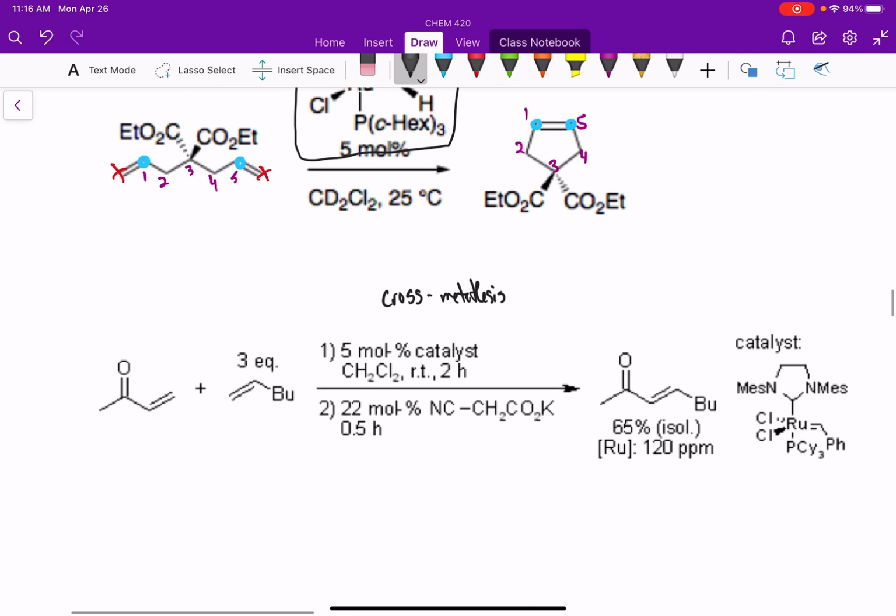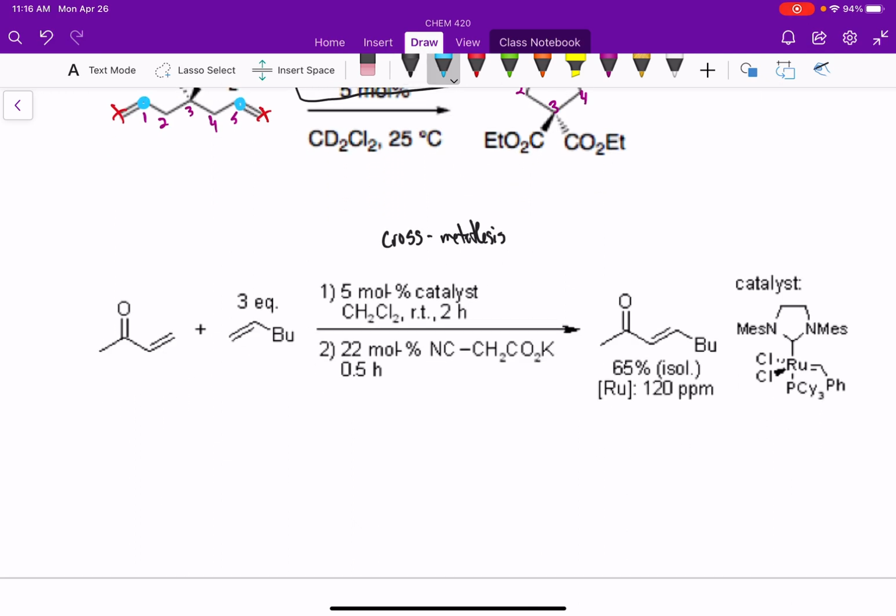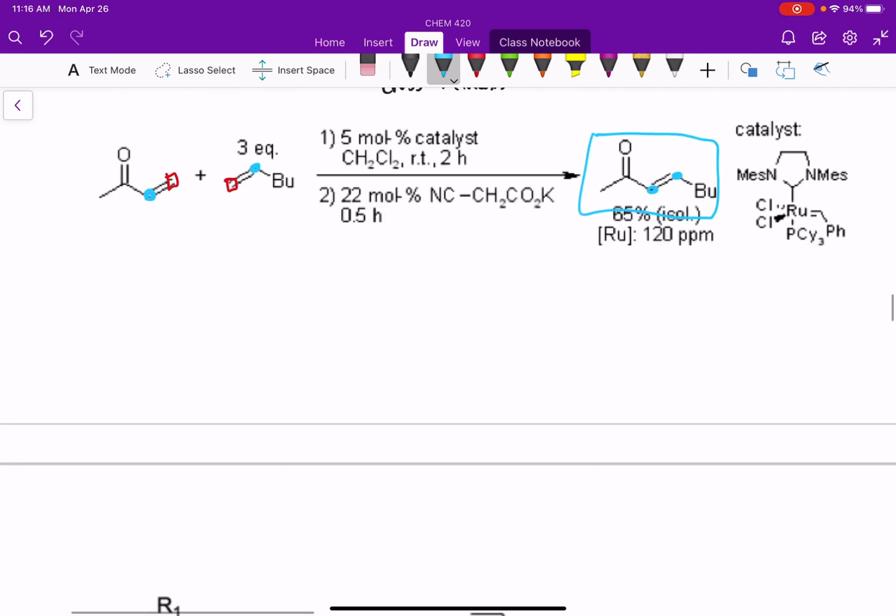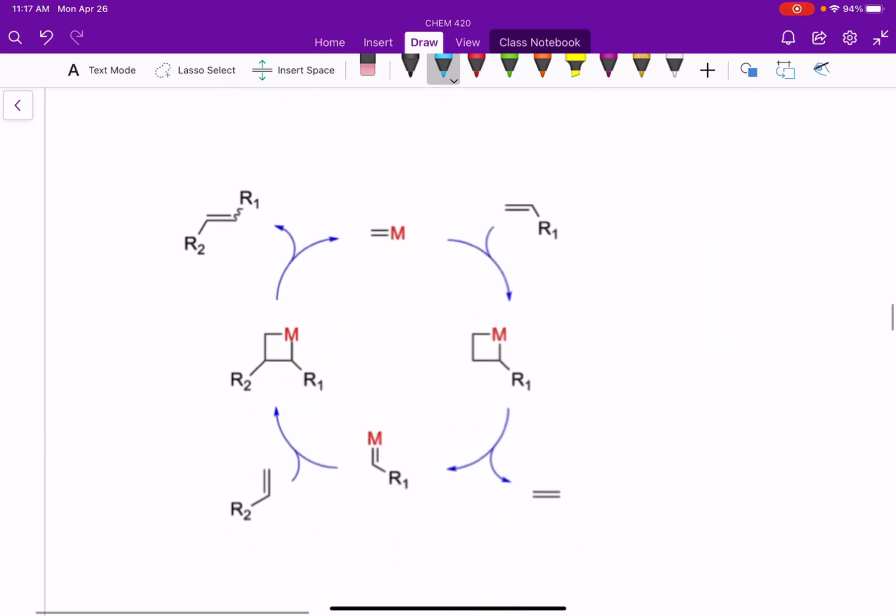When you have two different alkenes, you have the carbons in the middle. You've got your red carbons that you're going to lose, so your compound now is just the two blue carbons connected together. This has a really interesting catalytic cycle here.